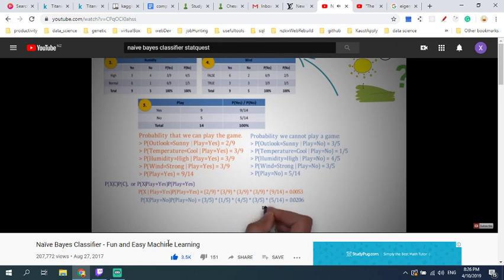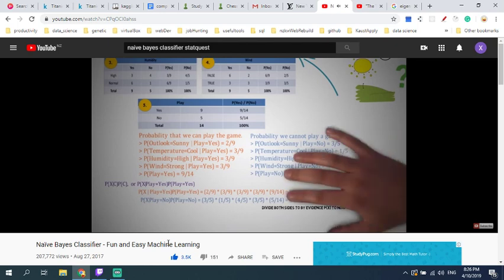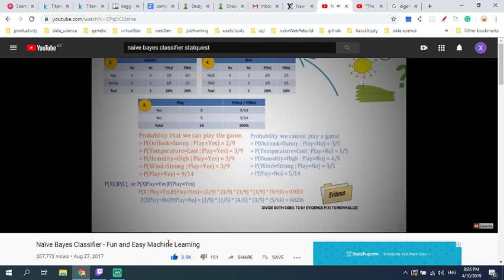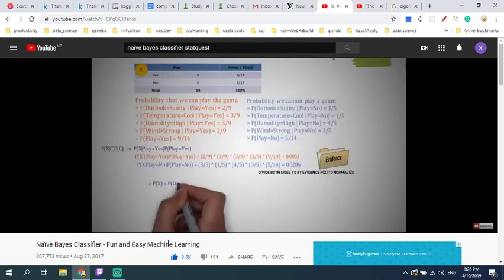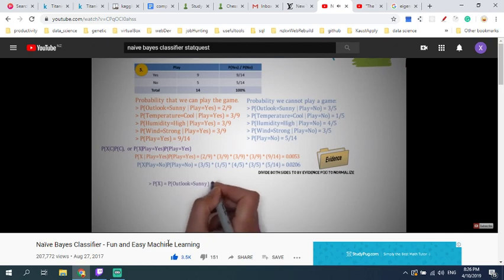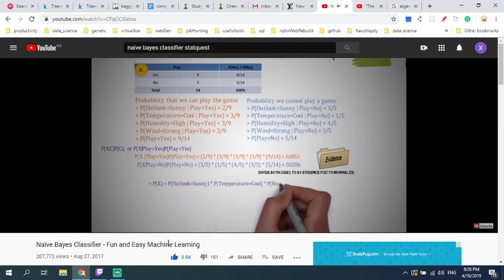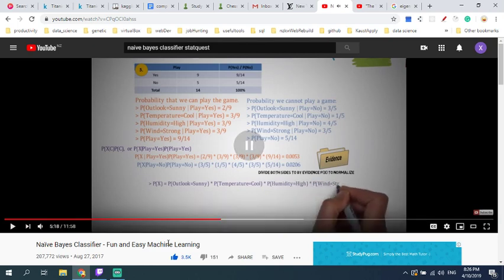And this gives us 0.0206. And finally, we have to divide both results by the evidence or probability of x to normalize. The evidence for both equations is the same, and we can find the values we need within the total columns of the lookup table. Therefore, probability of x equals the probability that outlook was sunny times probability of temperature equals cool times probability that humidity is high as well as wind equals strong.